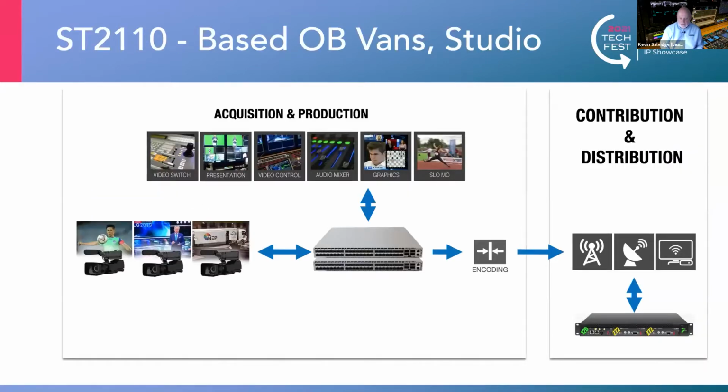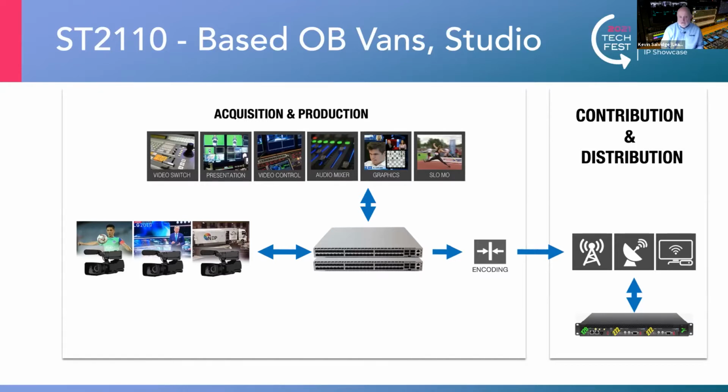So as we've been discussing, our industry, when it moves from one technology to another, typically starts off by replicating what it did before. And that's what we saw probably with the first of the IP OB trucks and studio facilities, that they simply replicated an SDI workflow. Everything was together.